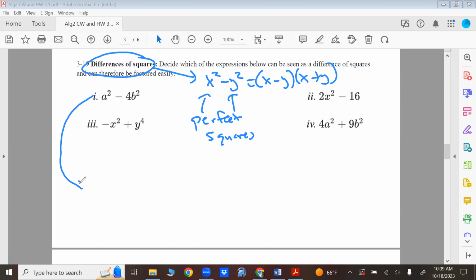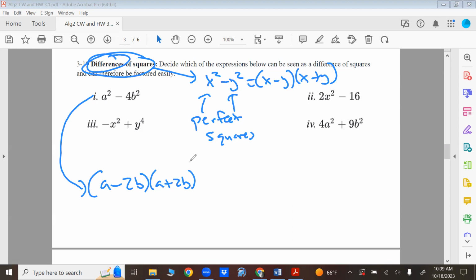So let's look at Roman number 1. What's the square of a square? Like what times what is a square? A and x. What's the square of 4b squared? Like what and what multiplies 4b squared? 2b and 2b. Those are identical, right? A, 2b, 2b. But because there's a minus in the middle, you need to have a minus in the middle for this to work. A minus 2b, A plus 2b.